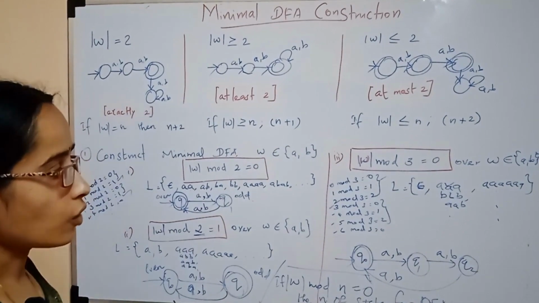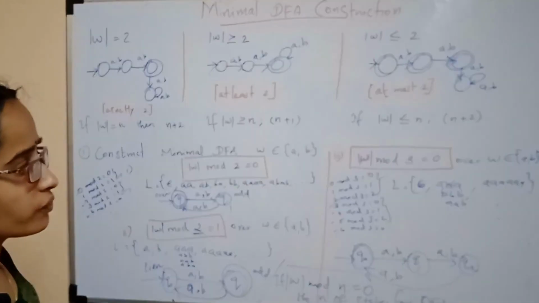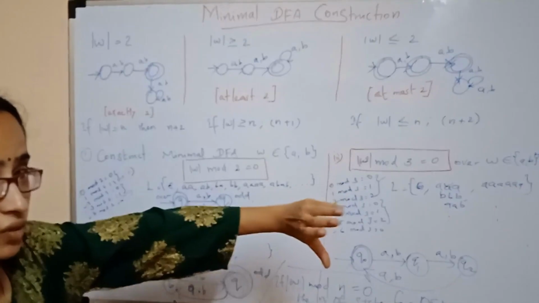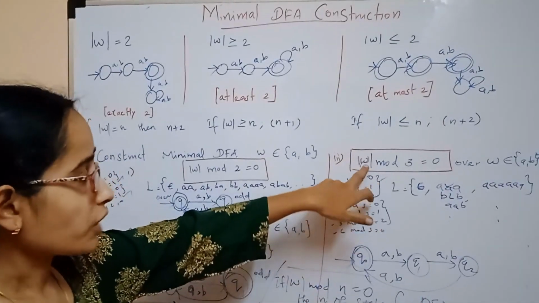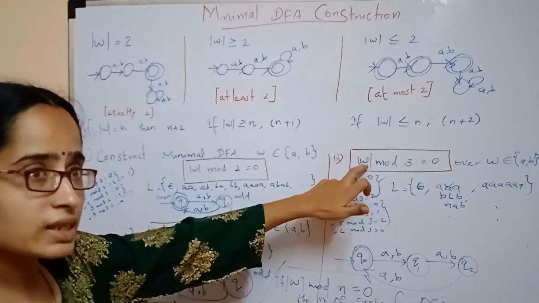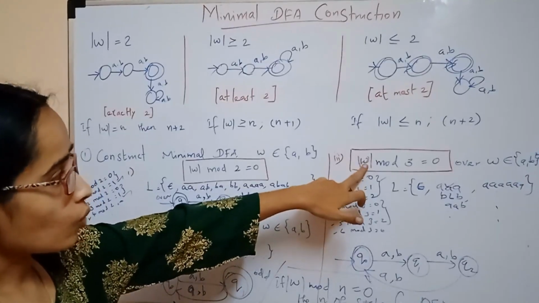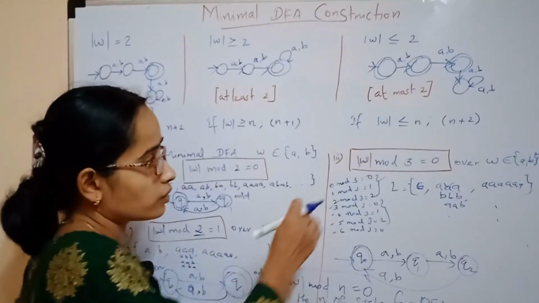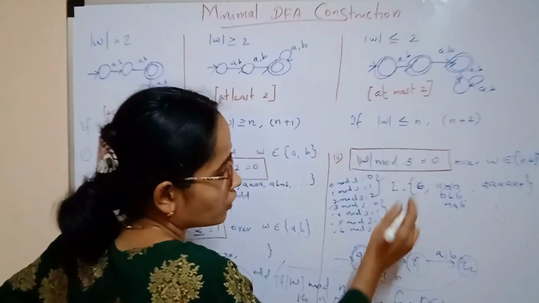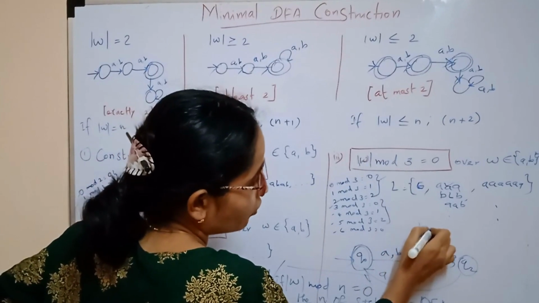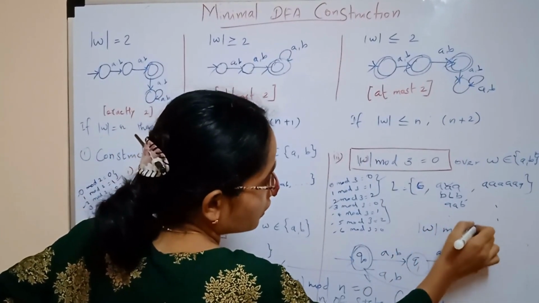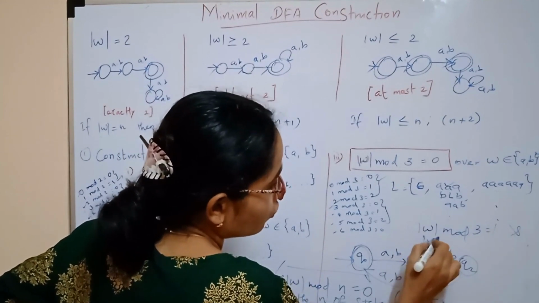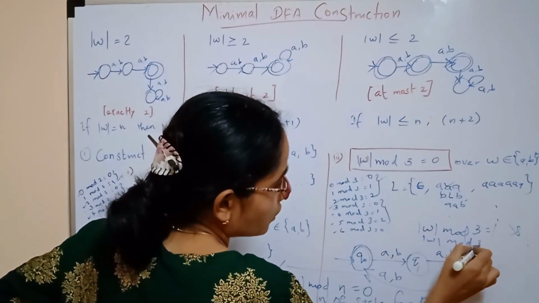Now you take one more problem, just from this understanding. I'm giving a problem statement for you, so try to solve it, and if you don't know, we'll discuss it in the next class. The problem statement is |w| mod 3 is equal to 1, and |w| mod 3 is equal to 2.